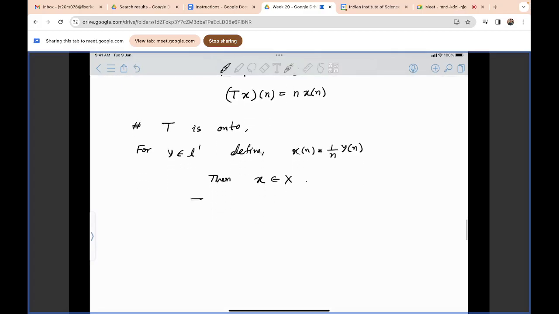And T of x will map to n times that, so it is y. So therefore T is onto.